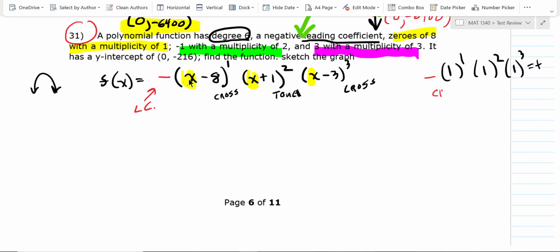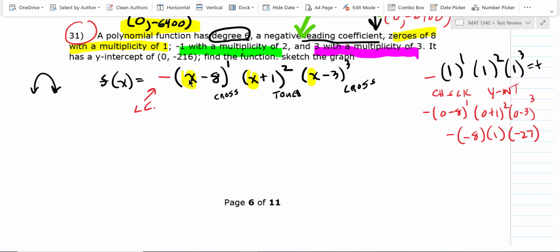The only thing you really have to do is check to see if that y-intercept's right. How do you find a y-intercept? You plug 0 in for x. So if I do negative, 0 minus 8 to the first, 0 plus 1 to the second, 0 minus 3 to the third, I'm going to get negative 8 times 1 times negative 27.